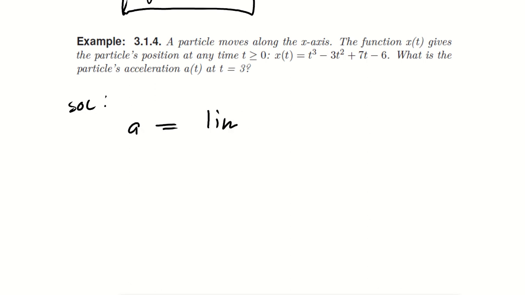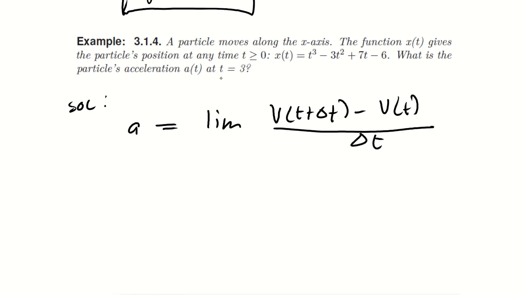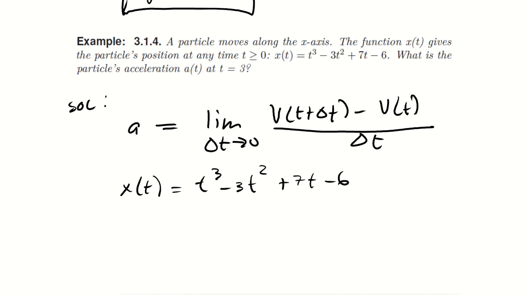This is the limit of v of t plus delta t minus v of t, all over delta t, as delta t approaches 0. But v of t is not given. The given is x of t, and this is t cubed minus 3t squared plus 7t minus 6. Can we determine v of t in terms of x of t? Yes, just like what we did in the previous example.